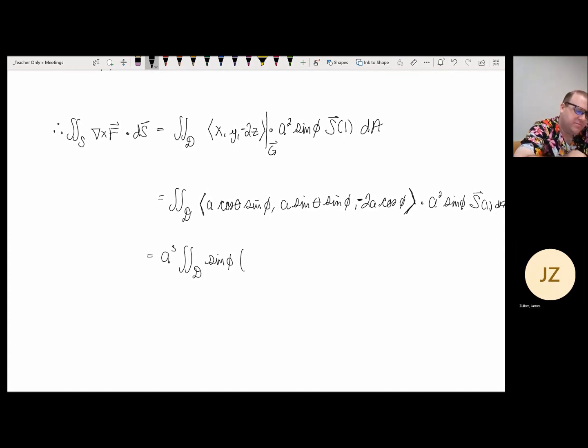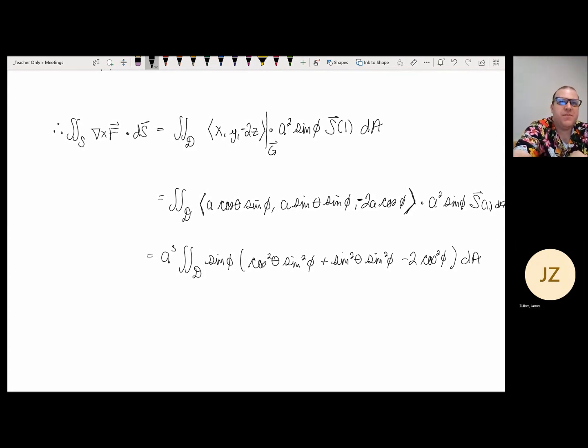That's from there. Now we have to do the dot product. Remember, S1 is the parameterization of the unit sphere. So first component's cosine theta sine phi times cosine theta sine phi. There's our dot product.